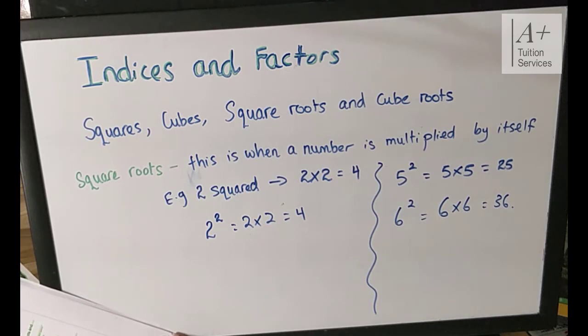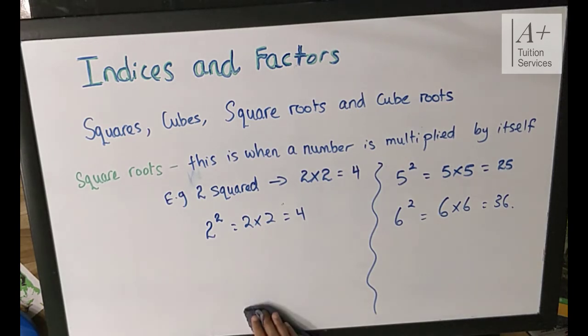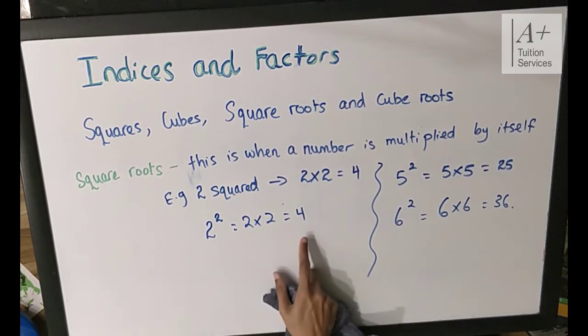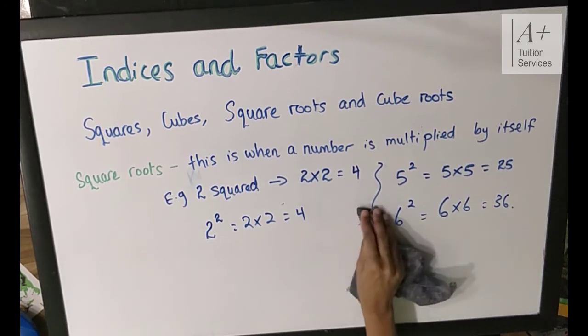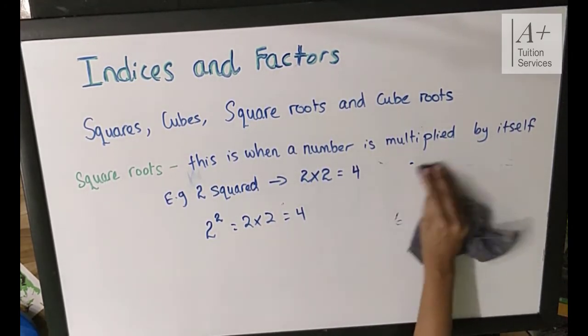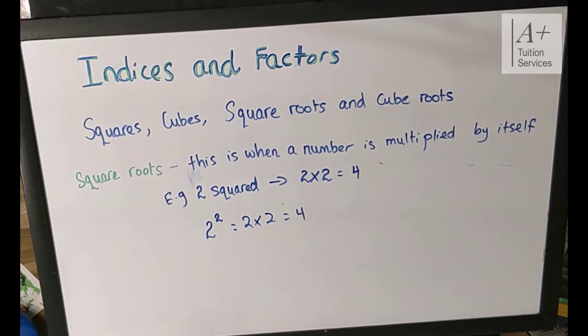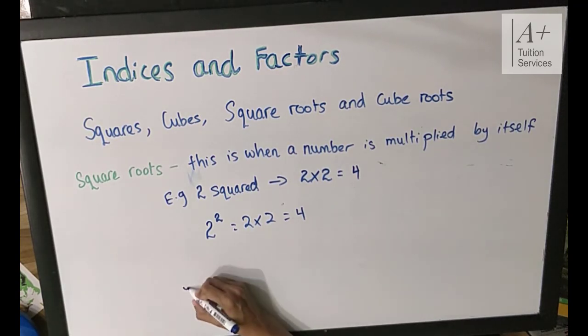Good? Remember that we say that a number to the power of 2 means it is squared, which means the number is multiplied by itself twice. Okay? So that is squares. To get the opposite now, we have 2 to the power 2 is equal to 4, but if you want to get back the original number, let's say they give us 4 and this is the square root sign here.